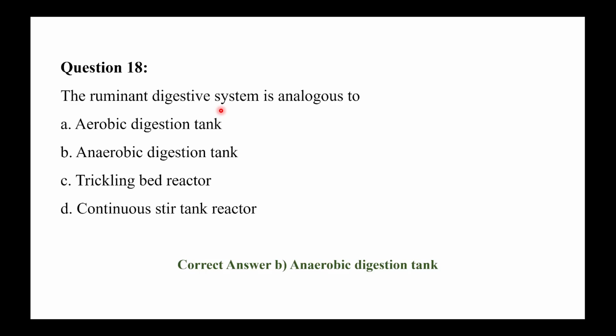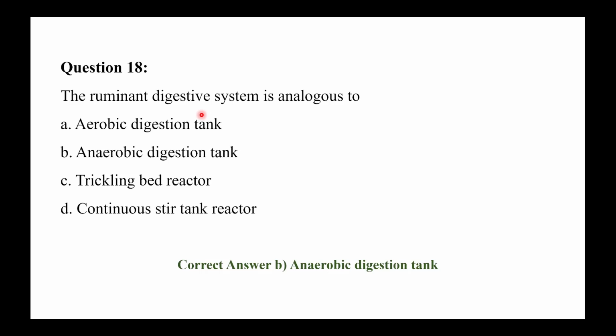When they eat plants and grass, all these are different carbon sources, right? These carbon sources, or organic sources, are then broken down into methane and carbon dioxide, that is the biogas. And the environment is anaerobic, so it is similar to the anaerobic digestion tank.